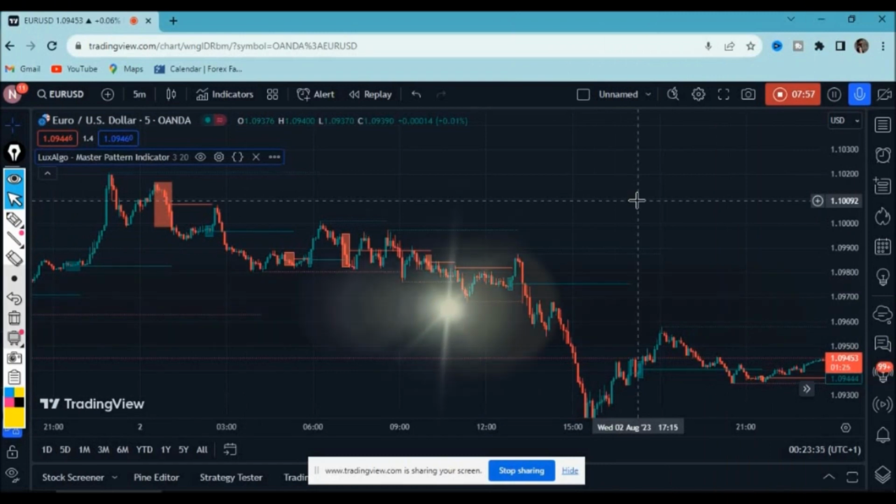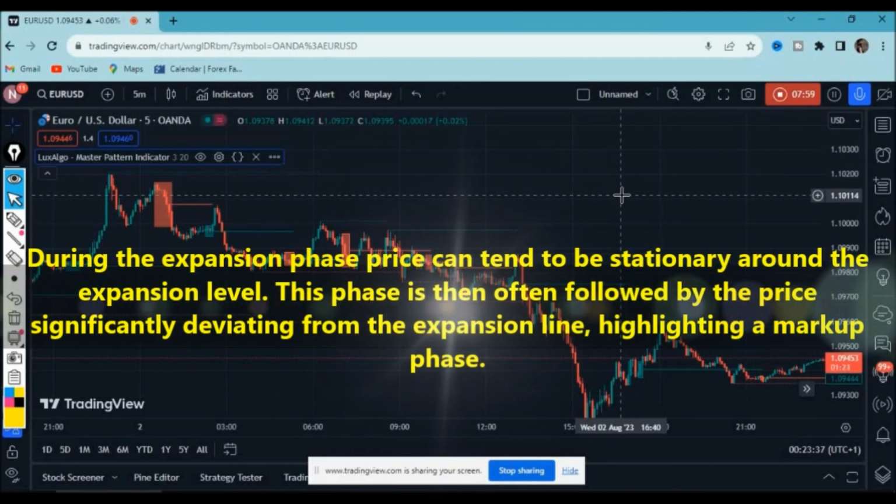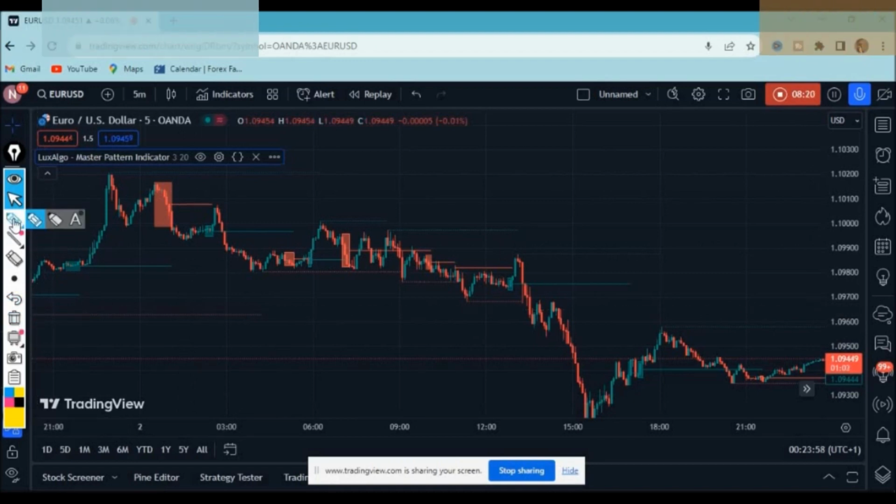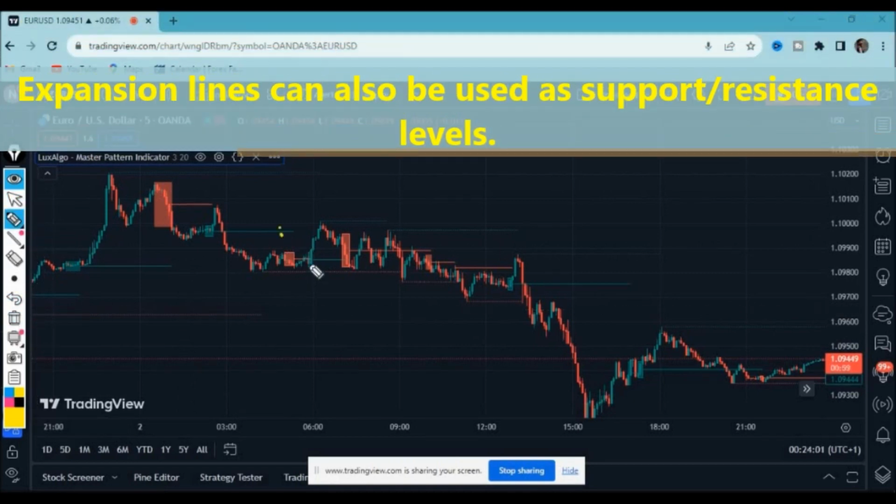And so guys, during the expansion phase, price can tend to be stationary around the expansion level. This phase is then often followed by price significantly deviating from the expansion line, highlighting a markup phase. For instance, let's say you have this contraction phase over here and the expansion phase over there.